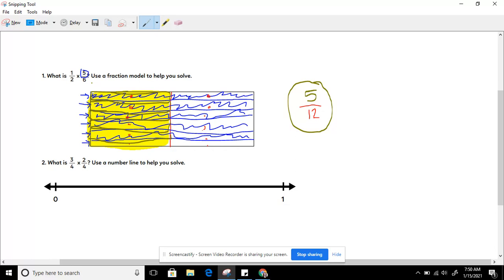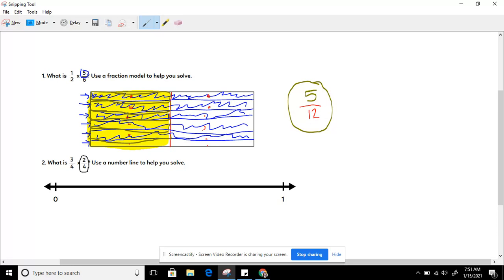So the first thing we're going to do is look at the second fraction. For number 2, when we're using a number line, I would suggest starting by looking at the second fraction. So our second fraction here is 2/4. Well, I know that 2/4 is equal to 1/2. Let's look at our number line. Our number line is from 0 to 1.